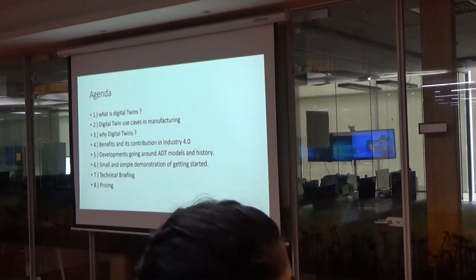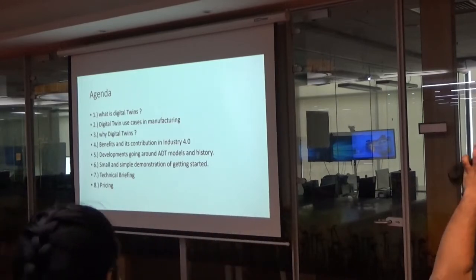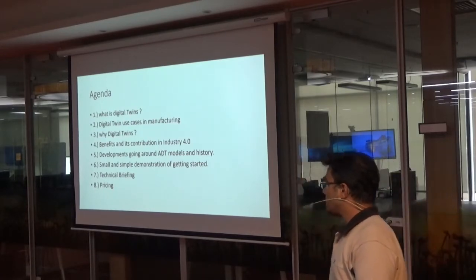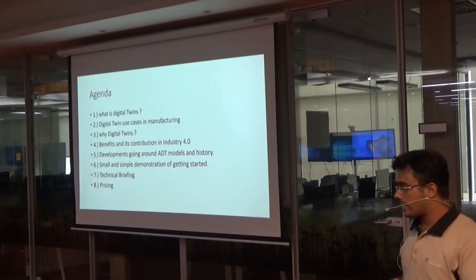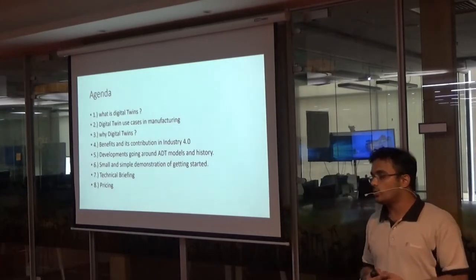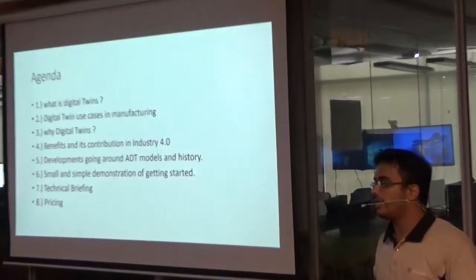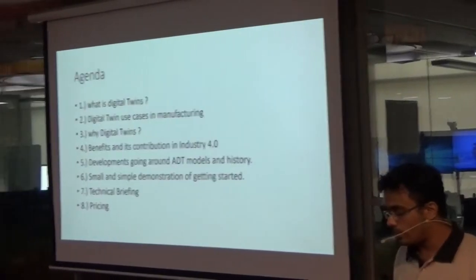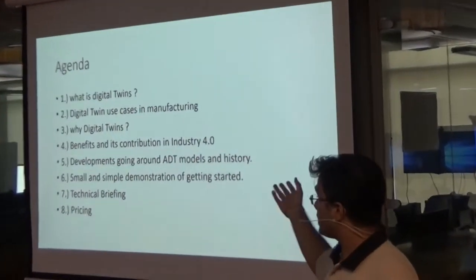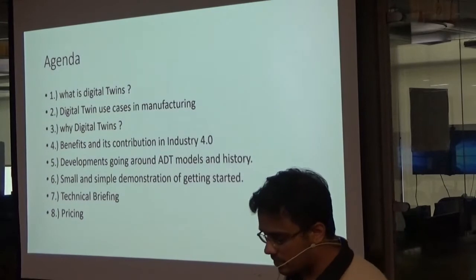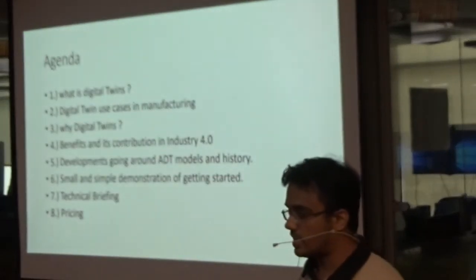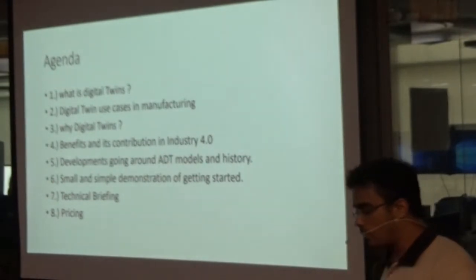So this is pretty much the agenda which I want to cover: digital twins and the use cases in the manufacturing sector. Not only in manufacturing, it is used in real estate also. Countries like the UK are developing real estate with the help of this digital twin solution. It is also used for carbon CO2 emissions and the environmental hazards happening right now, which is climate change.